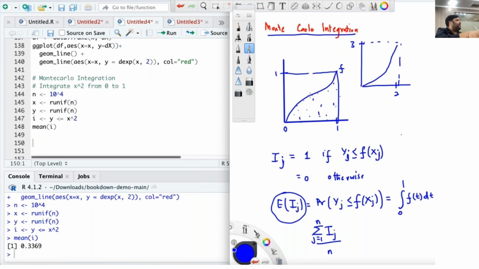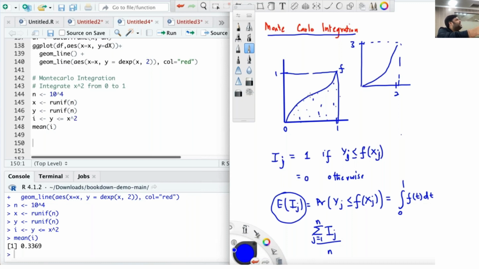The area, exactly, from which we are drawing these points, and then you're going to get the value of the integral. Essentially, what this Monte Carlo integration does is, over the domain over which the distribution is defined, it gives a proportion. The law of large numbers will give us the proportion, because the law of large numbers gives the expectation.